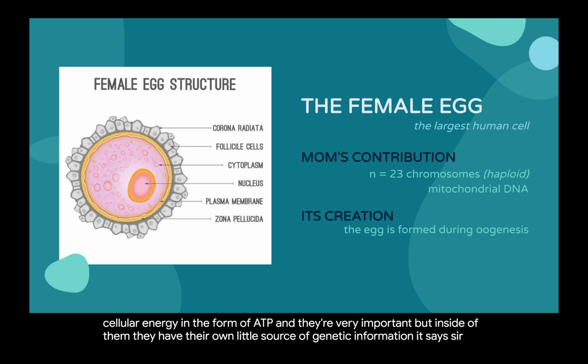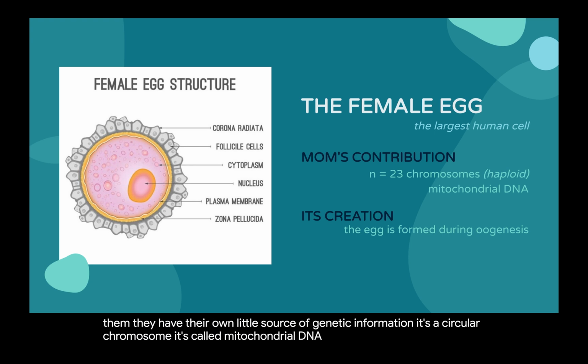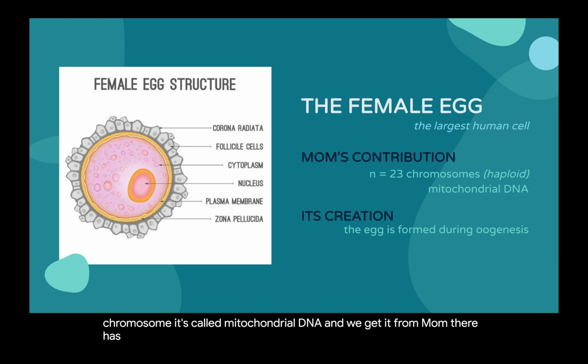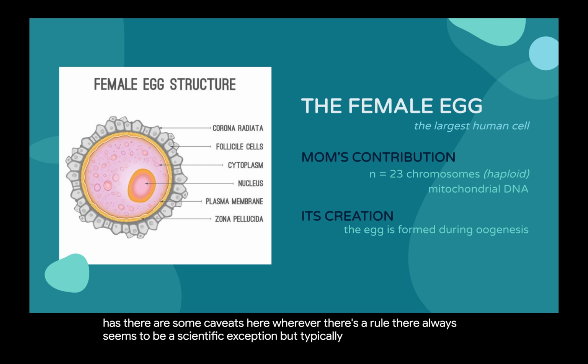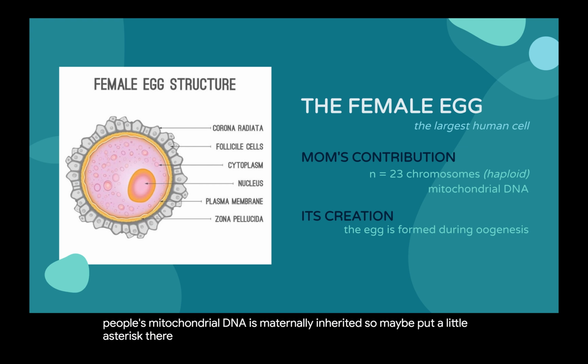It's a circular chromosome. It's called mitochondrial DNA, and we get it from mom. There are some caveats here. Wherever there's a rule, there always seems to be a scientific exception, but typically the vast majority of people's mitochondrial DNA is maternally inherited. So maybe put a little asterisk there.